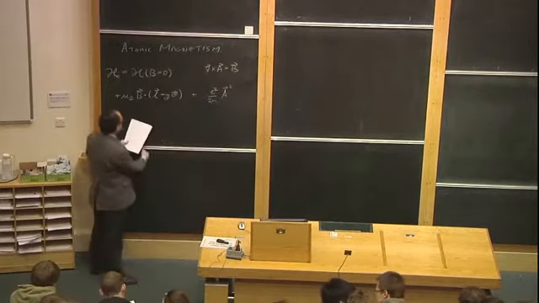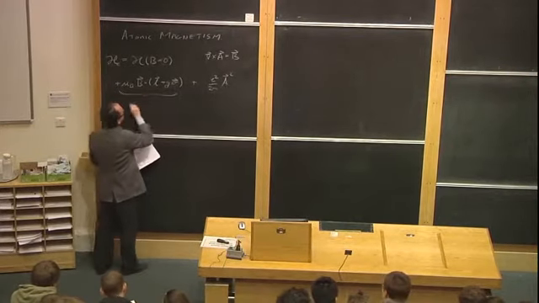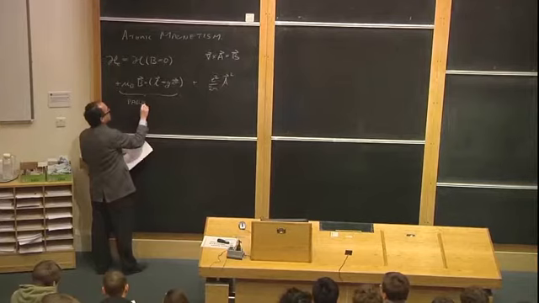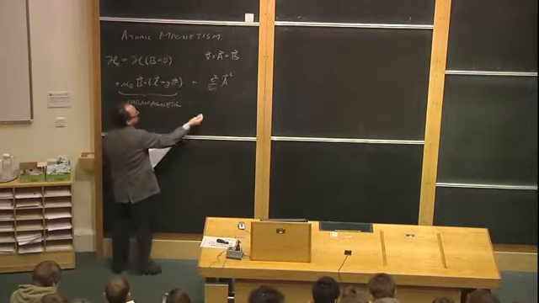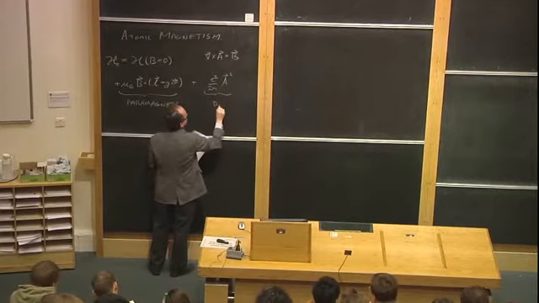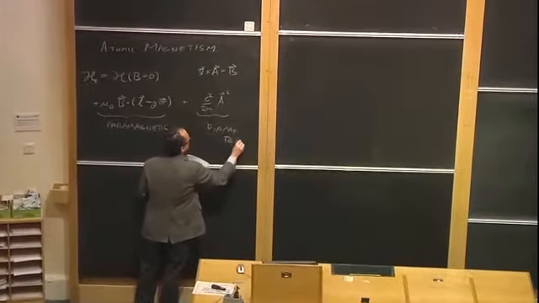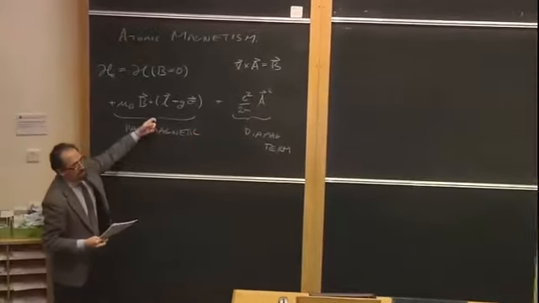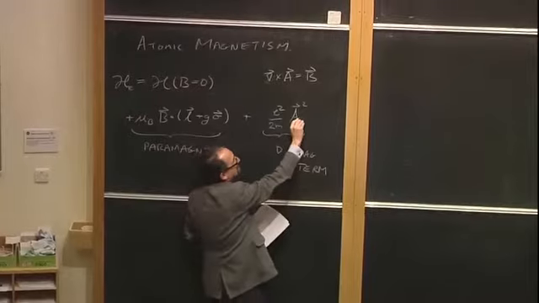Okay. Now, these two terms have names. This first term is known as the paramagnetic term, and this term here is known as the diamagnetic term. And as you might guess, it's the paramagnetic term that's typically responsible for paramagnetism, and the diamagnetic term that's typically responsible for diamagnetism.